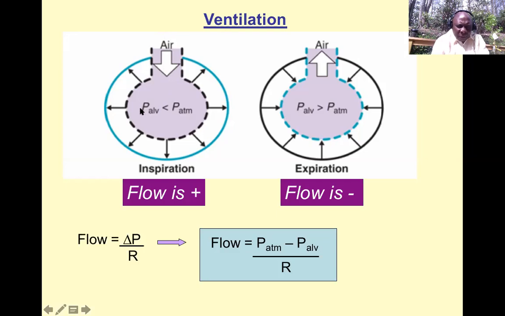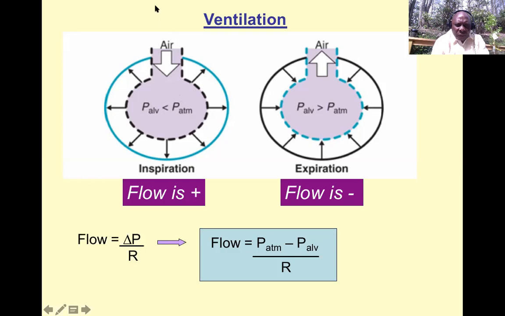Why? Because the partial pressure, which is P, we're introducing a new term, the partial pressure of the alveolus becomes less than the partial pressure of the atmosphere.